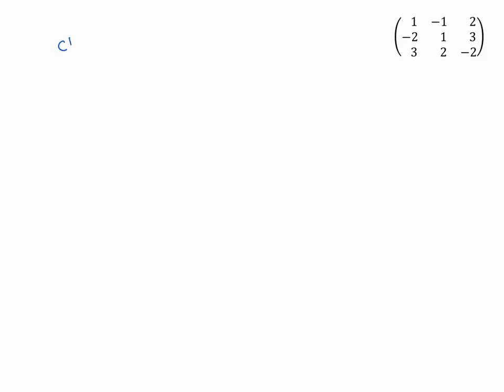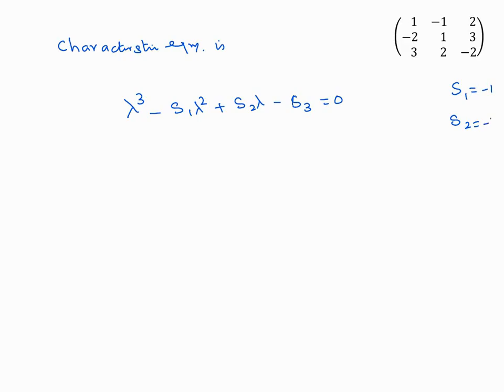Now we write the characteristic equation. The characteristic equation is lambda cube minus S1 lambda square plus S2 lambda minus S3 equal to 0. Already you know S1 equals negative 1, S2 equals negative 19 and S3 equals negative 26.